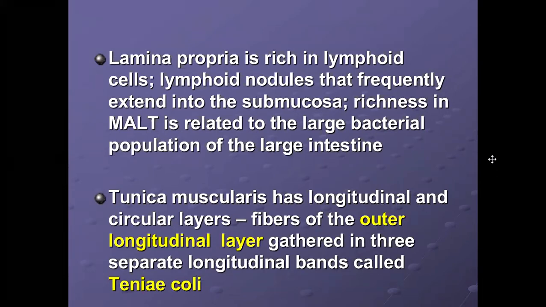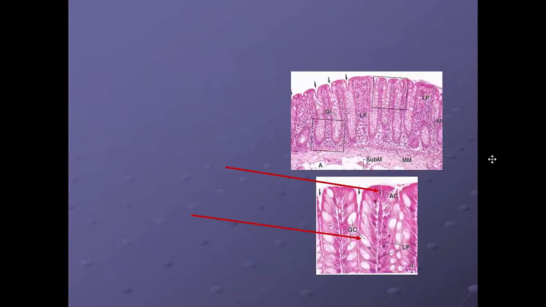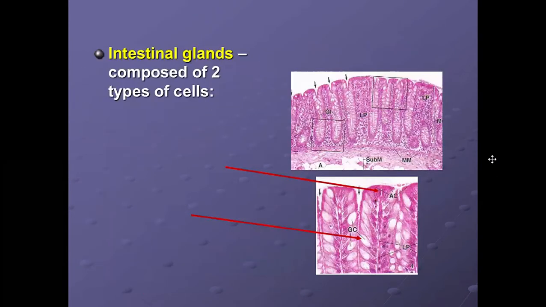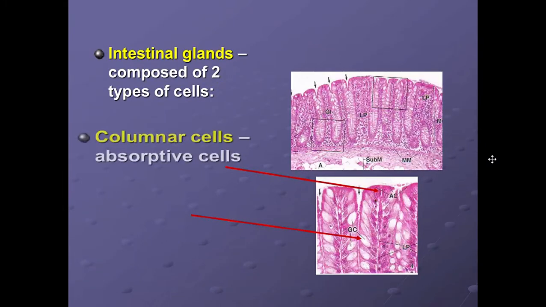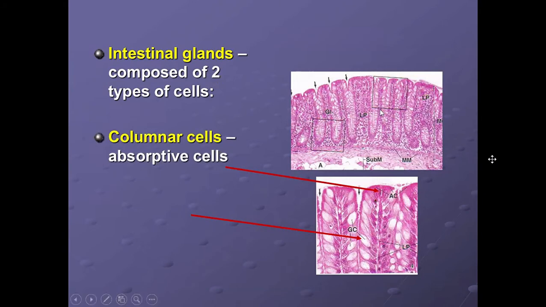Fibers of the outer longitudinal layer gathered in three separate longitudinal bands called tinea coli. Intestinal glands are composed of two types of cells. You have columnar cells, these are absorptive cells.